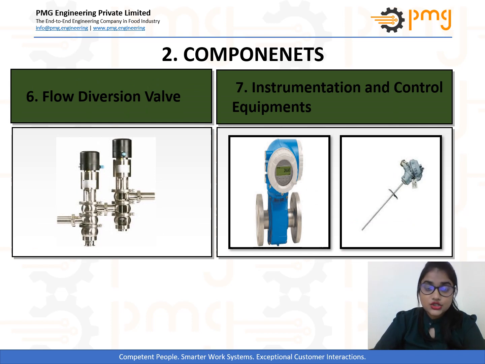Then the next component of the HTST system is flow diversion valves, which ensure that all conditions for pasteurization have been met before milk passes through. Then the next component is instrumentation and control equipment, which increases the efficiency and reliability of the process and includes devices like recording thermometer, temperature transmitter, flow meter, etc.